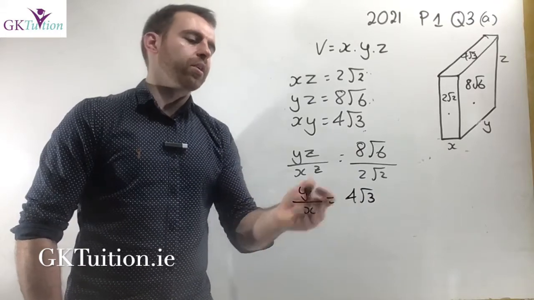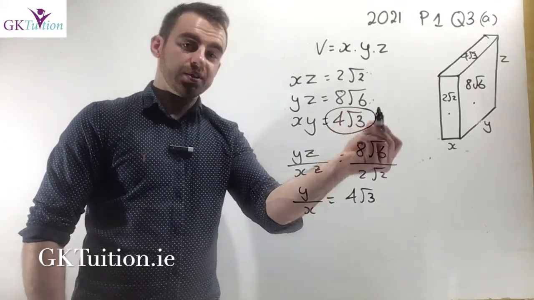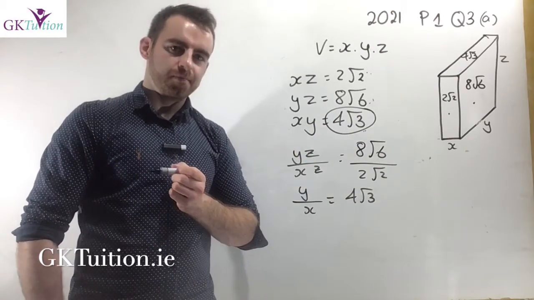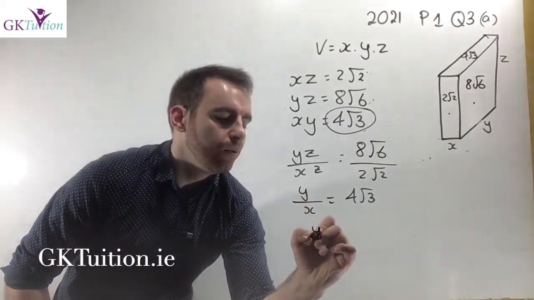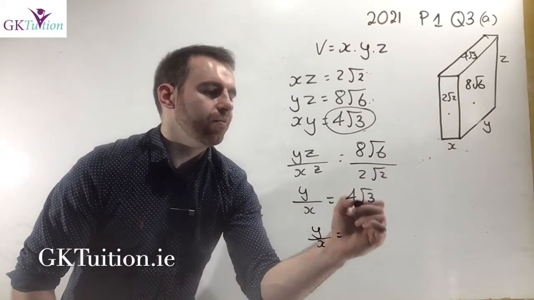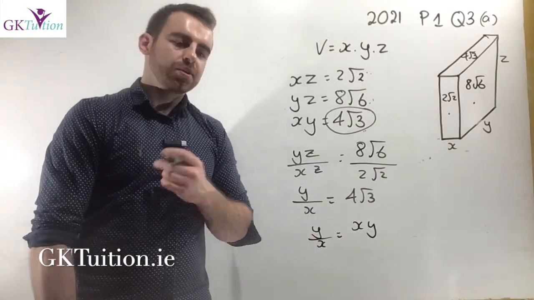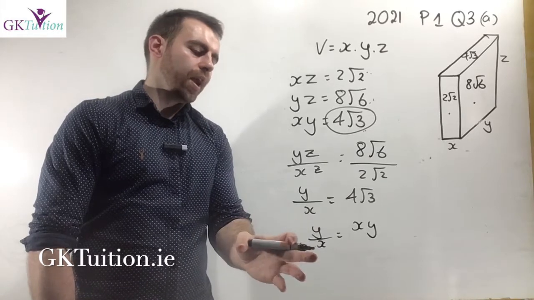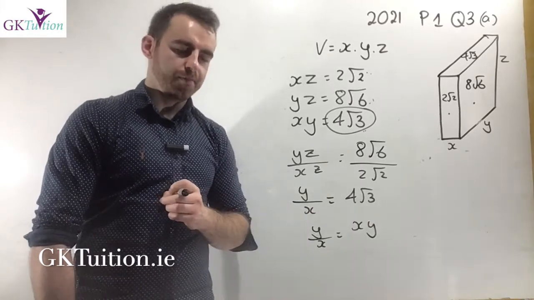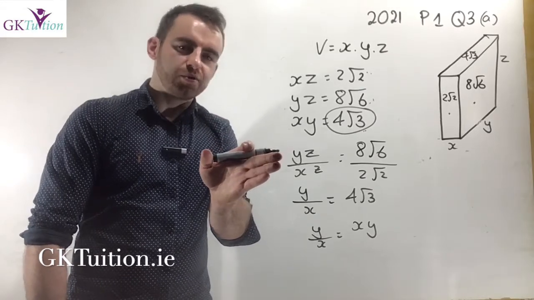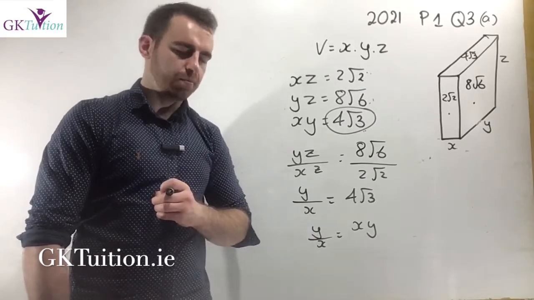But 4 root 3 is actually x times y. So on the right hand side I can put in x times y instead of 4 root 3. Now y over x equals x times y. I've simplified it a little bit: rather than an equation in 3 variables, I have an equation in 2 variables.